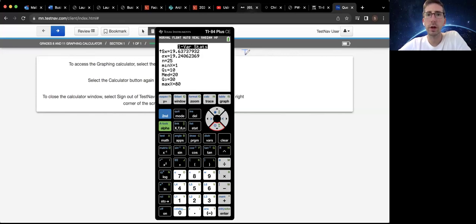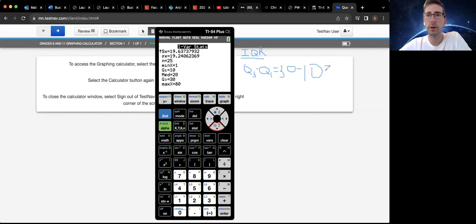So to determine upper or lower outliers, we need our IQR. The formula for this is just Q3 minus Q1. And we're given both of those things, right, from our calculator. So Q3 is 30, Q1 is 10.